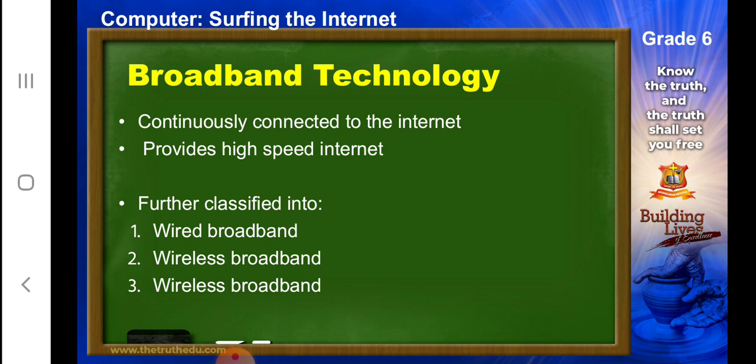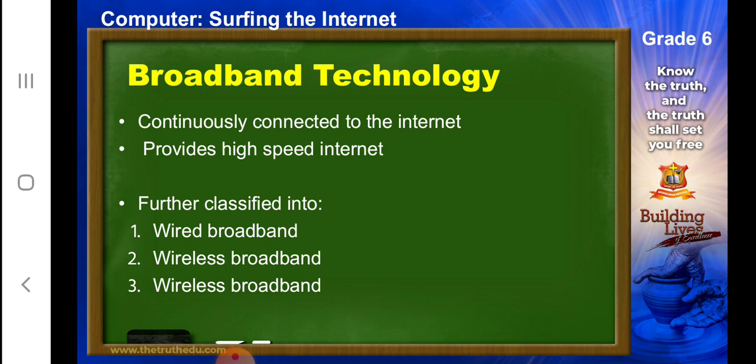Next comes the wireless broadband. Wi-Fi stands for wireless fidelity. I would request you to make a note of this. Wi-Fi stands for wireless fidelity. Now, what happens in this wireless facility?